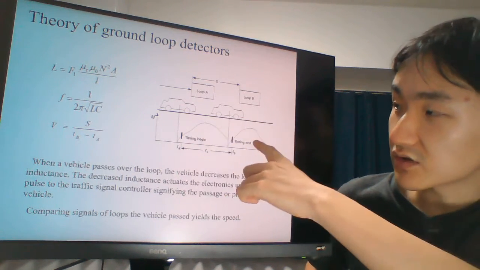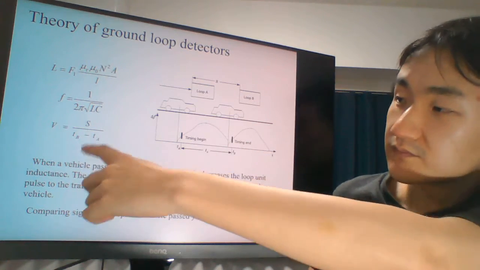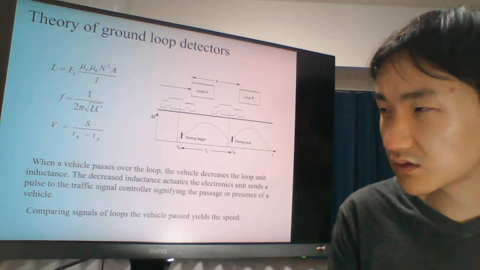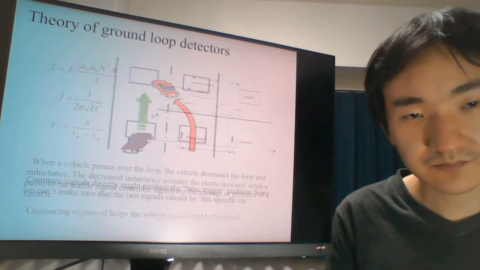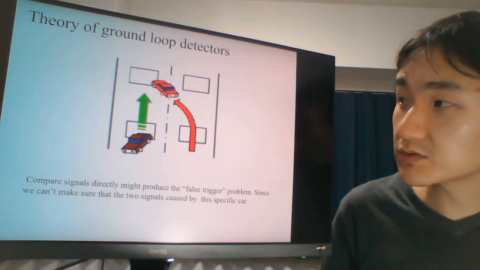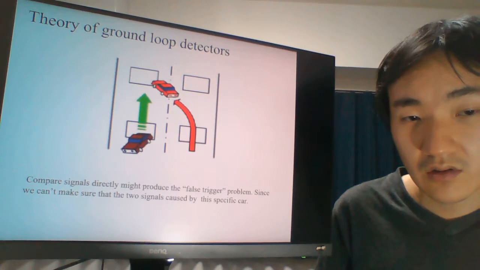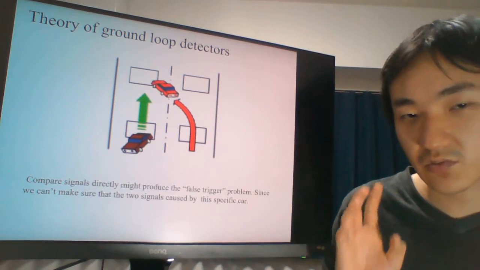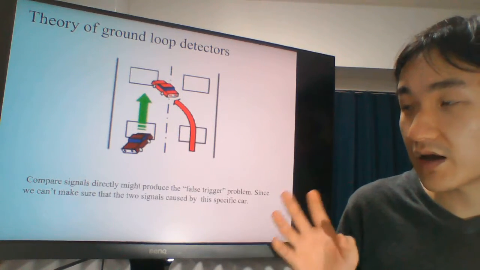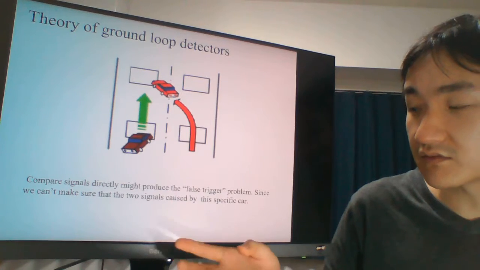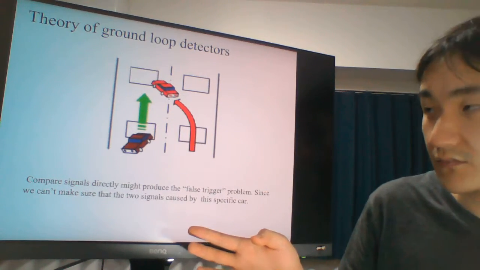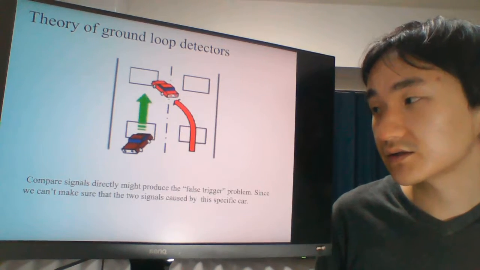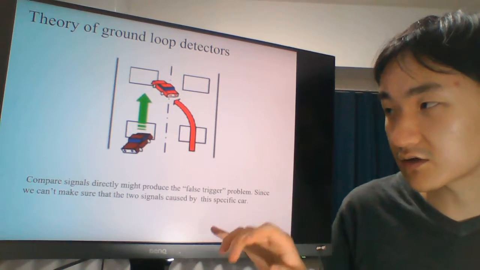So using these two signals here, we can easily yield the speed of the car. But here comes the problem. We call it the false trigger problem, since we cannot be 100% sure that the true signals from the loops come from one specific car.